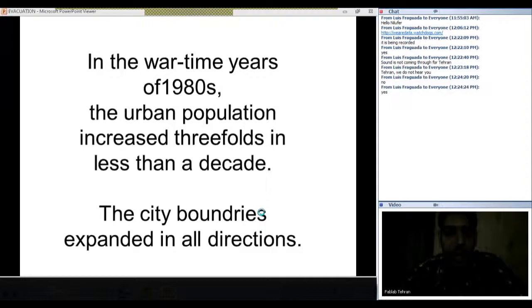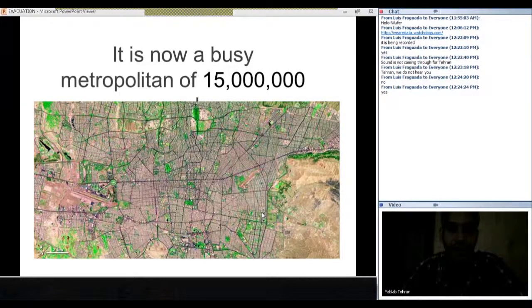The problem is that single-story houses are being replaced by high-rise residential buildings in the city center and the historic zone.